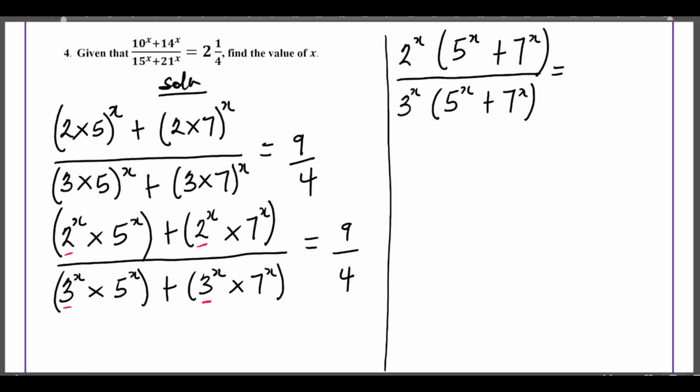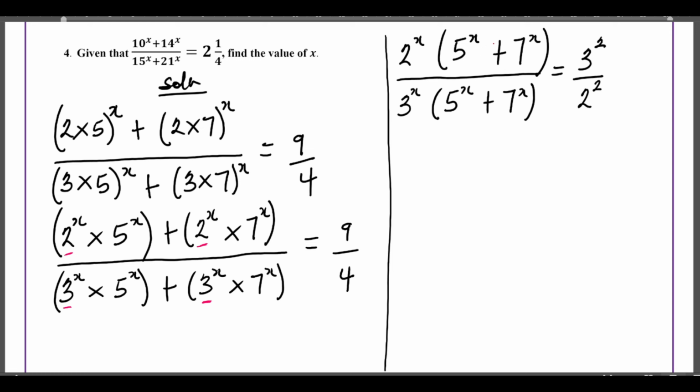So now let's express 9 and 4 in index form. So 9 in index form, that is 3 raised to the power 2. And then 4 in index form, that is 2 raised to the power 2. Now, what do we see? We see that the expressions in the bracket can cancel out.